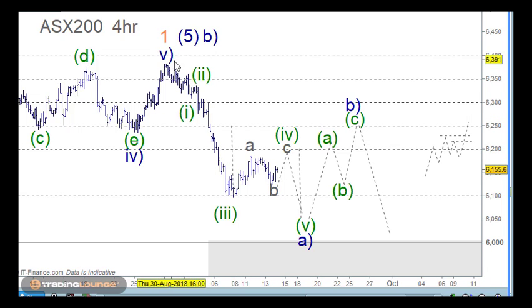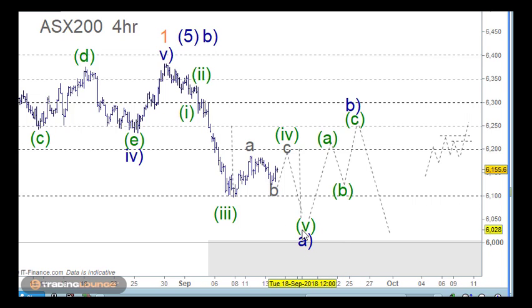So let's just imagine for a moment that we do get 5 waves down here. Well, then we need to look at an ABC correction, an A and B and a C, back to the 6,250, which would be roughly the 61.8% mark, and we'll adjust that depending on where the low comes in from here.